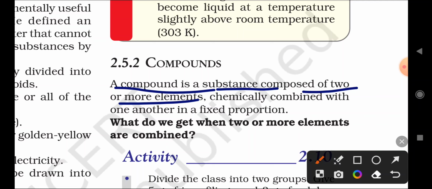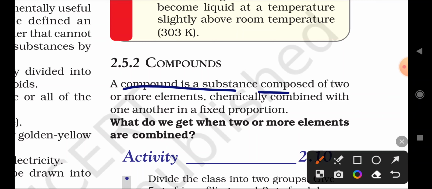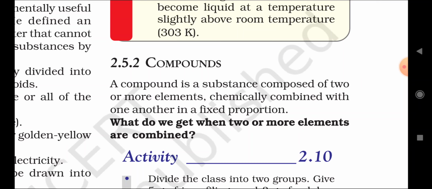Simple definition: a combination of two or more elements chemically combined with one another is called a compound. So the proper definition is: a compound is a substance composed of two or more elements combining chemically in a definite proportion, a fixed proportion, with each other.